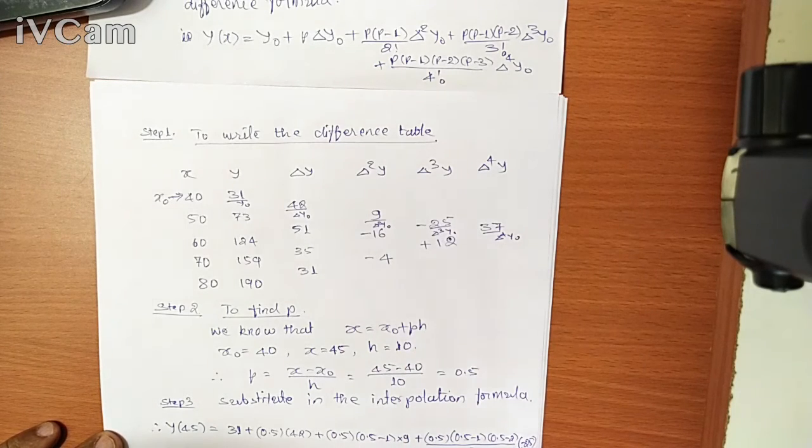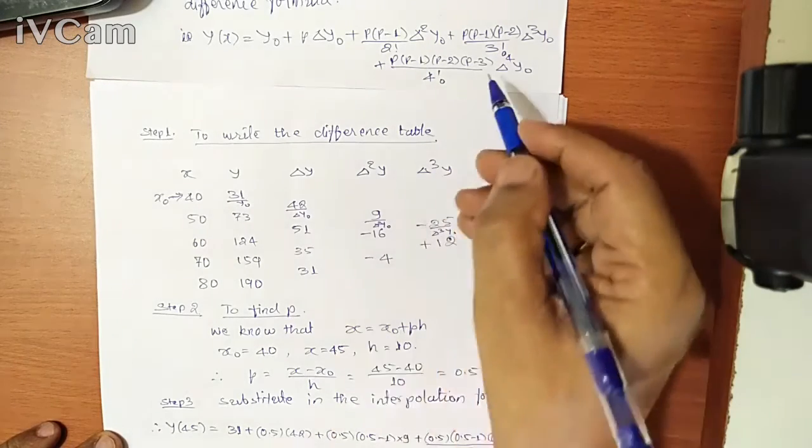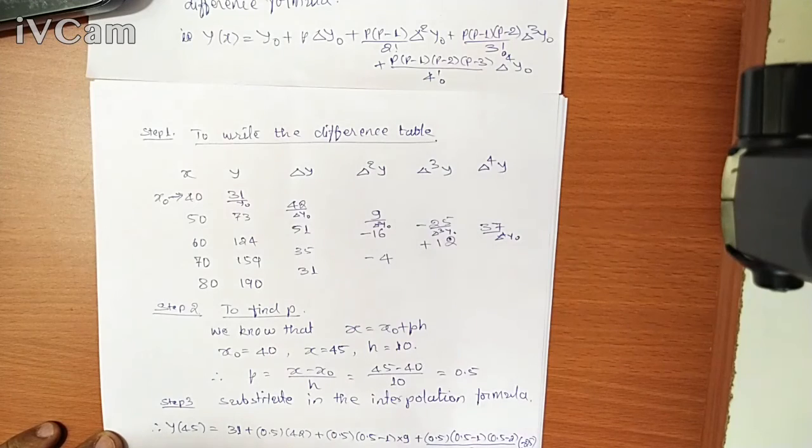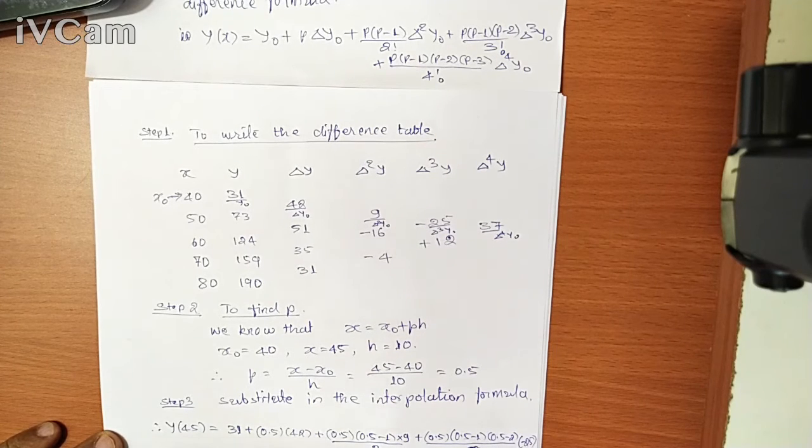Then plus p into p minus 1 into p minus 2 into p minus 3 by 4 factorial. So here it is 2, then here it is 3 into 3 factorial is 6. Then the next one, 0.5 into 0.5 minus 1 into 0.5 minus 2 into 0.5 minus 3, divided by 4 factorial. 4 factorial is nothing but 6 into 4, so it is 24, into 37.